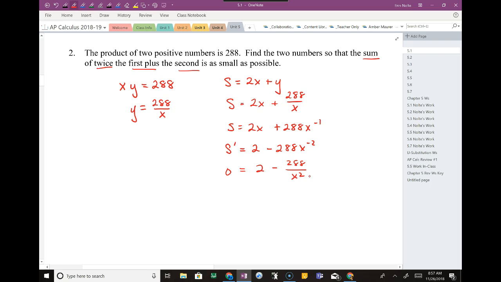To solve for that, what would you do first? Subtract the 2. Same situation here. We're going to get a negative negative. So everybody okay with me just keeping it positive? 288 over x squared. Okay, then what? Multiply by x squared, and then divide by 2. Anybody know what 288 divided by 2 is?